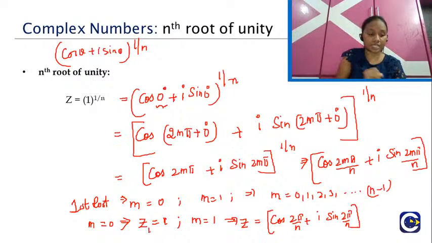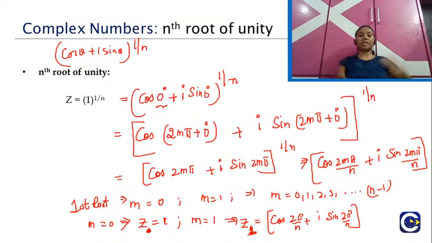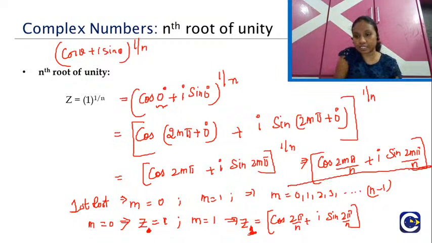Let me write this as z1 so that it matches with my m value and we won't have any further confusion. Right. I think you guys have understood until this step. If you're clear with this step, we'll have the next steps now.